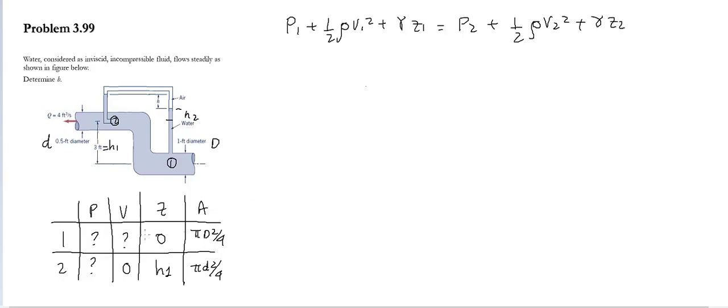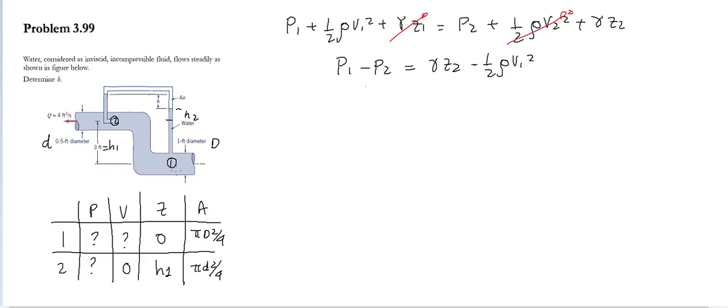Now let's cancel out the information based on the data that we have in the table. Velocity at point 2 is equal to 0. The elevation at point 1 is equal to 0. And then everything else remains. So we're left with P1 minus P2 is equal to gamma Z2 minus 1/2 rho V1 squared.